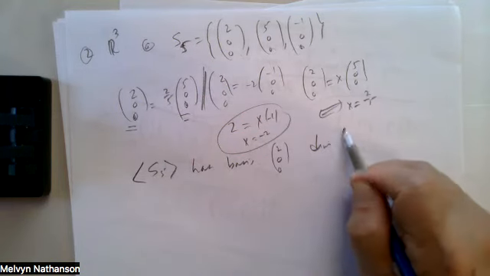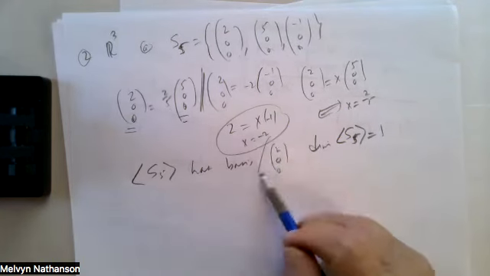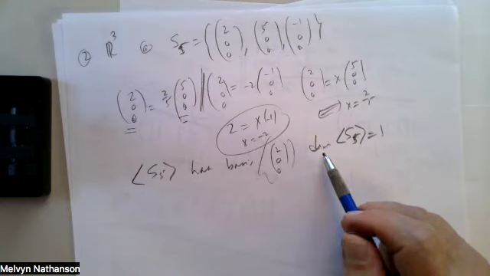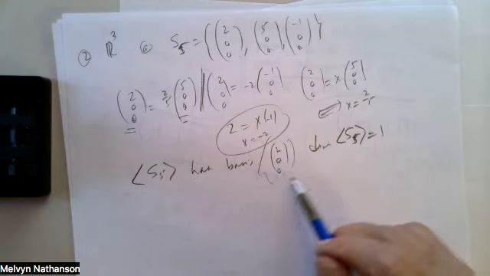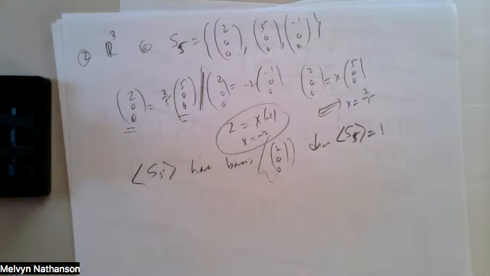And the dimension of this subspace is 1. You have a basis that contains just one vector. So by definition, that subspace has dimension 1. So that set S5, even though it consists of 3 vectors, generates a one-dimensional subspace.